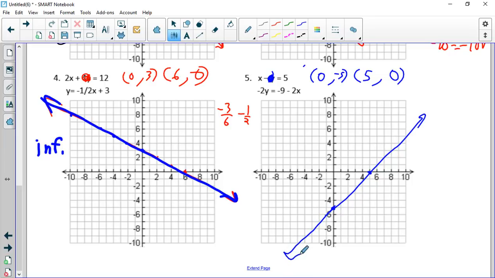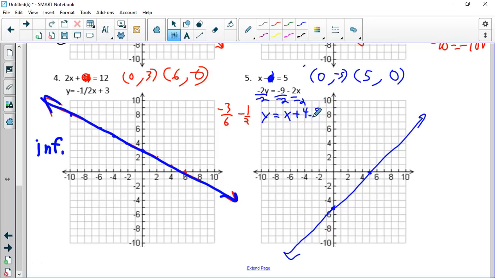So there's that line. And then this one, I need to get y by itself. I could use the cover-up method. I'm just going to divide by negative 2 here. And that's going to give me positive y equals, I'm going to put the x term first. So negative 2 divided by itself is just positive x. And then negative 9 divided by negative 2 is positive 4.5.